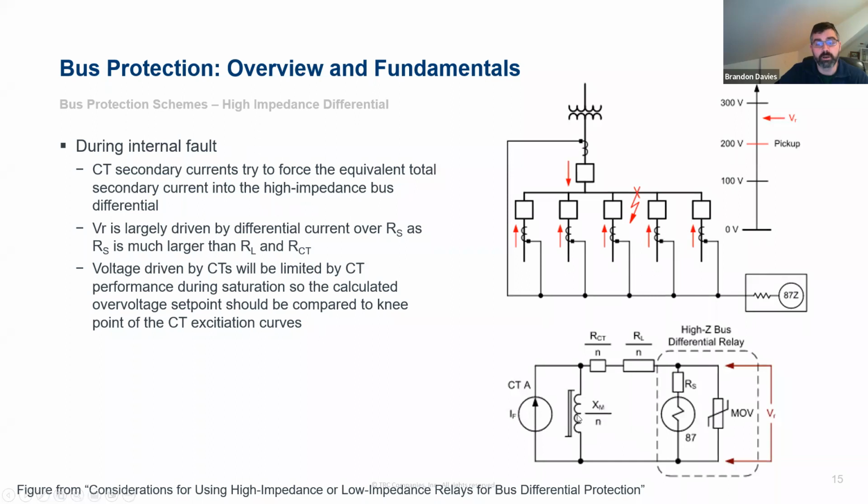So we're going to have a large amount of current, or a higher amount of current, going through that resistor, and that's going to drive the voltage that we're monitoring here with this protection element.